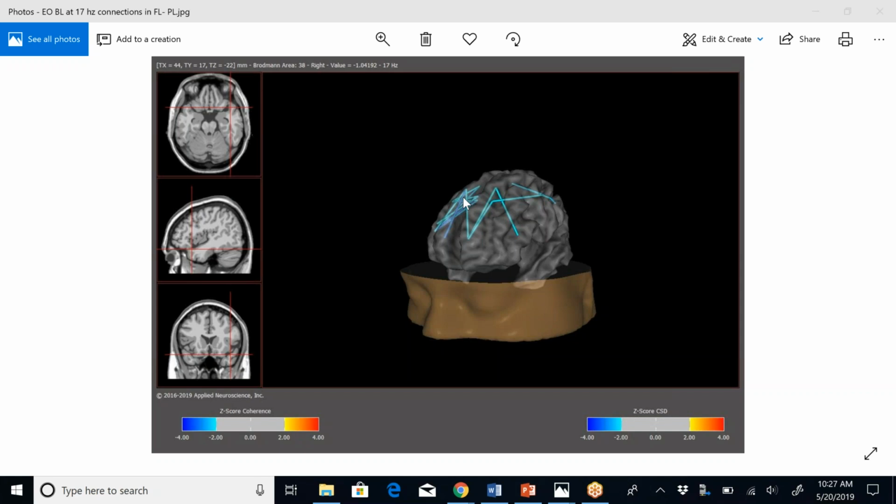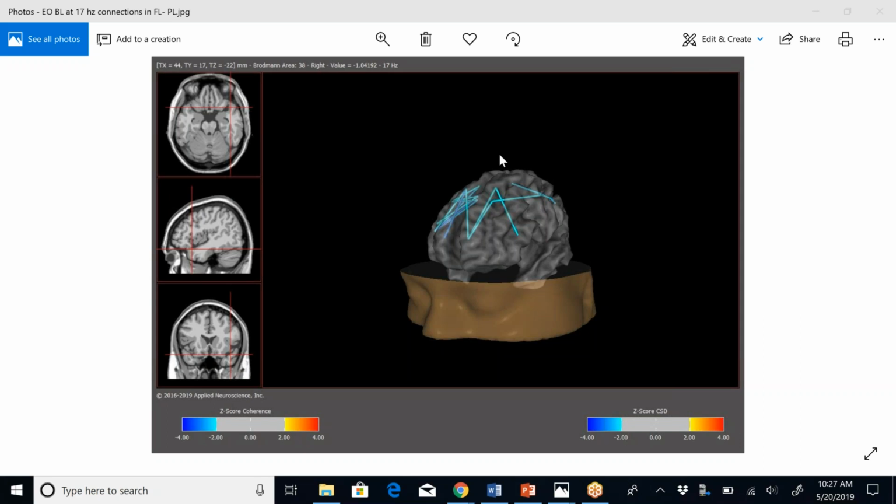And the exciting part about that is you can really change connectivity quite dramatically with various neuromodulatory interventions, which I'm going to introduce next.